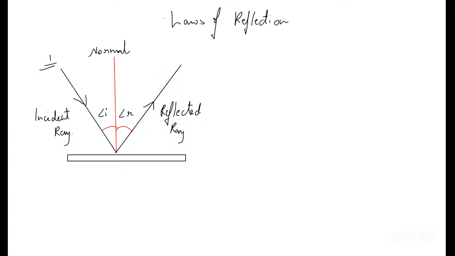Coming back to the law of reflection. What was the first law saying? The first law was saying that the angle of incidence is always equal to the angle of reflection. Will you write it down, ma'am, please? Yes, I'm writing it down.